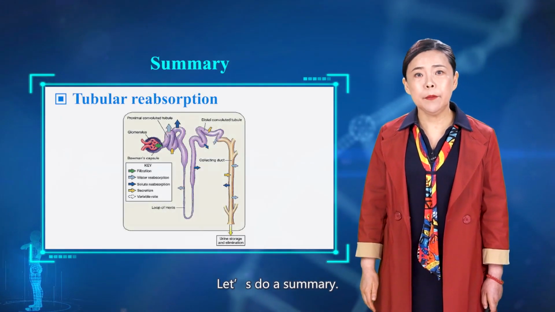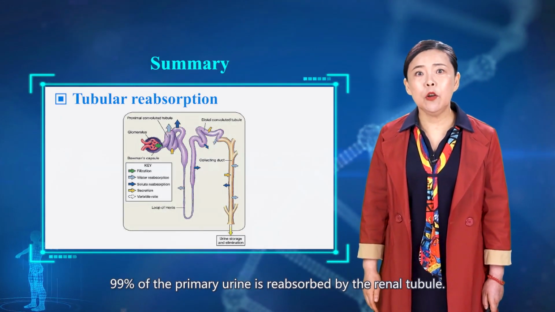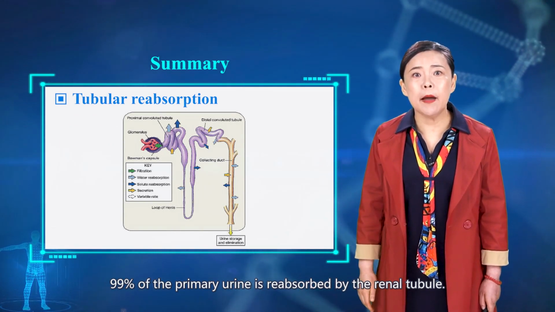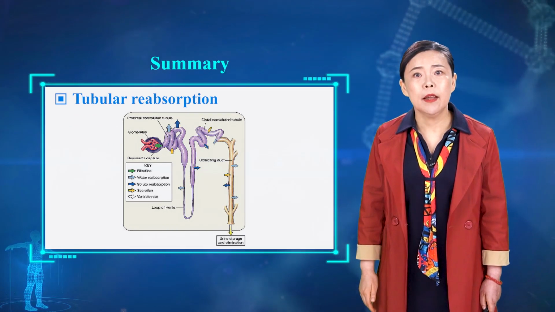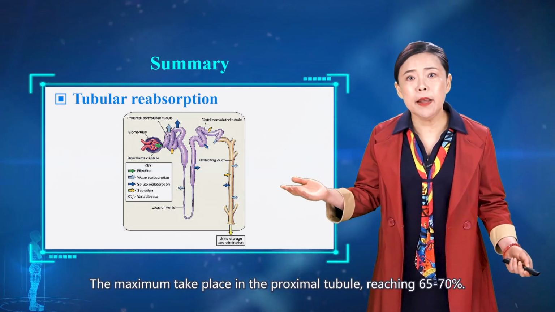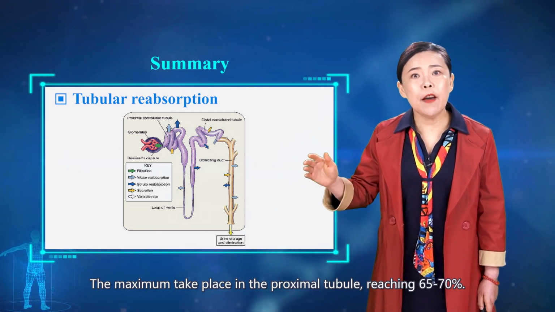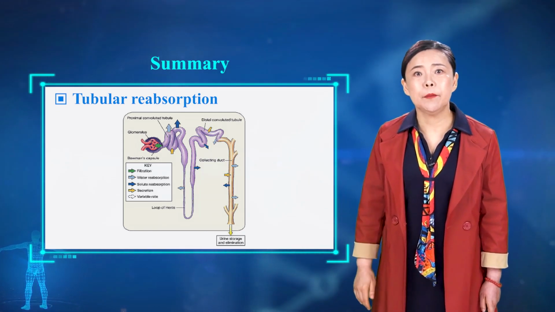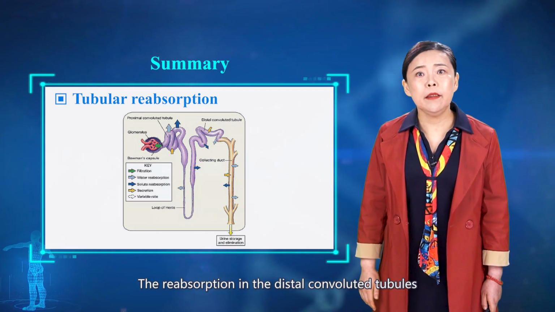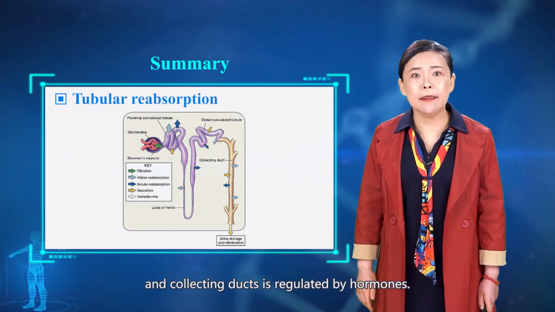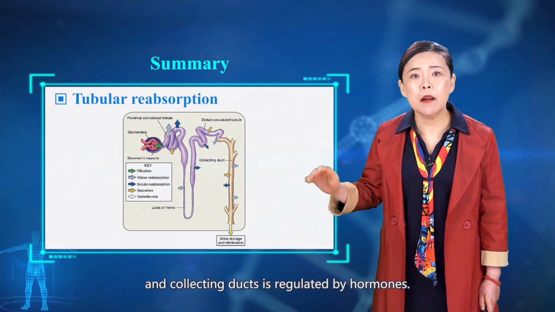Let's do a summary. 99% of the primary urine is reabsorbed by the renal tubule. The maximum takes place in the proximal tubule, reaching 65 to 70%. The reabsorption in the distal convoluted tubule and the collecting duct is regulated by hormones.